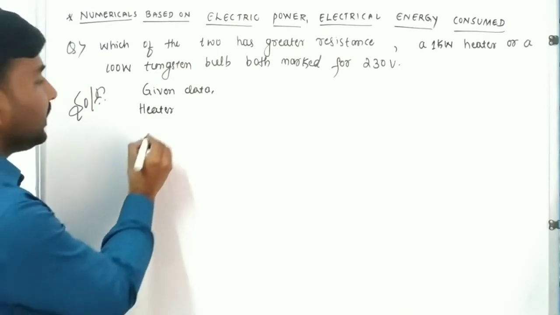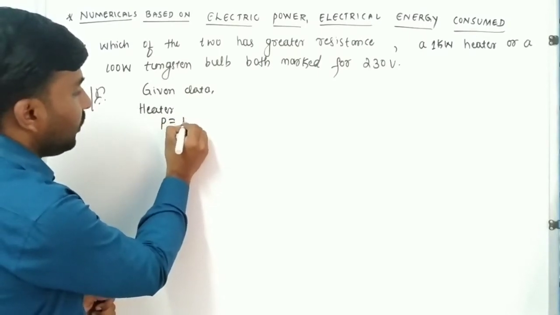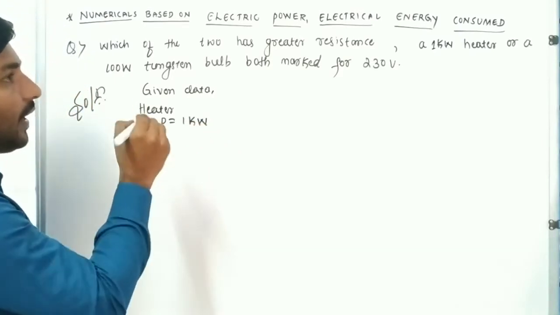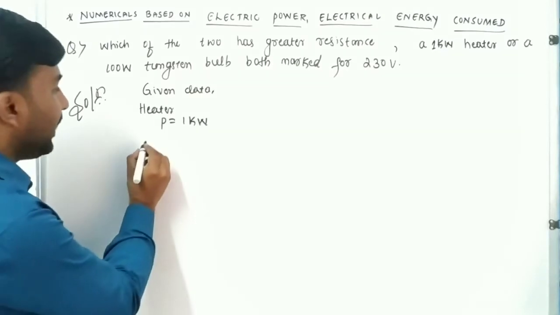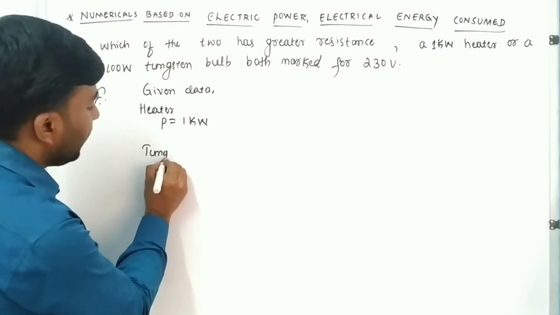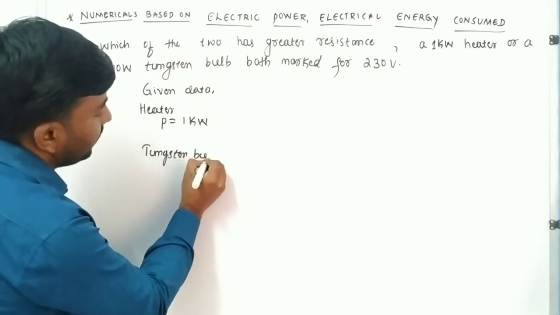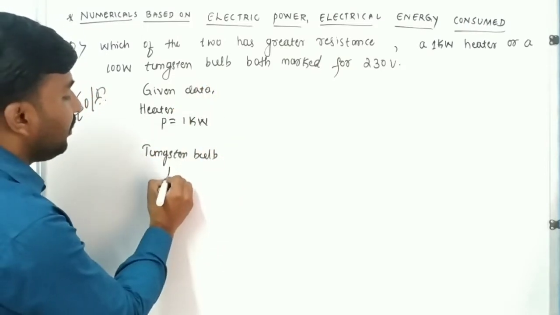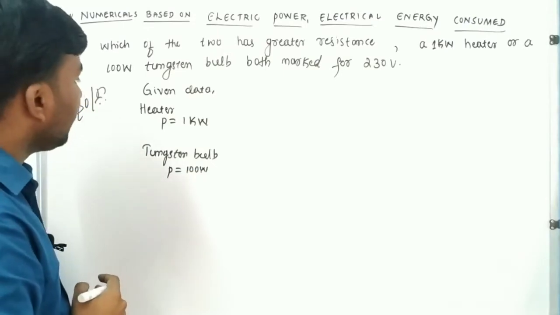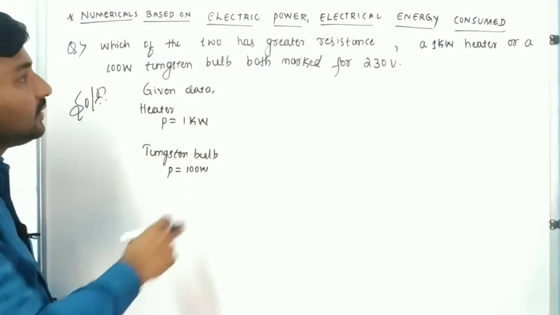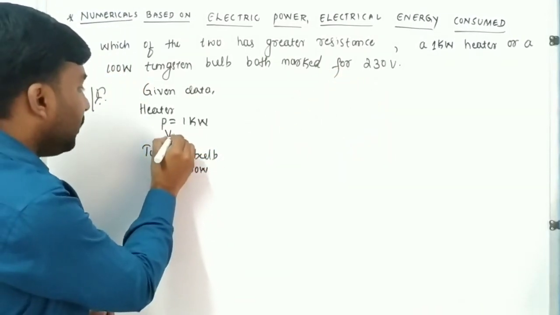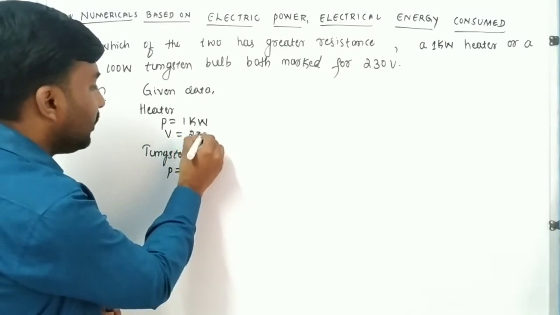That heater has the power 1 kilowatt, and we have one more electrical appliance, the tungsten bulb, which has the power 100 watt, right? And these two electric appliances are both marked for 230 volt, which means the voltage is 230 volt.